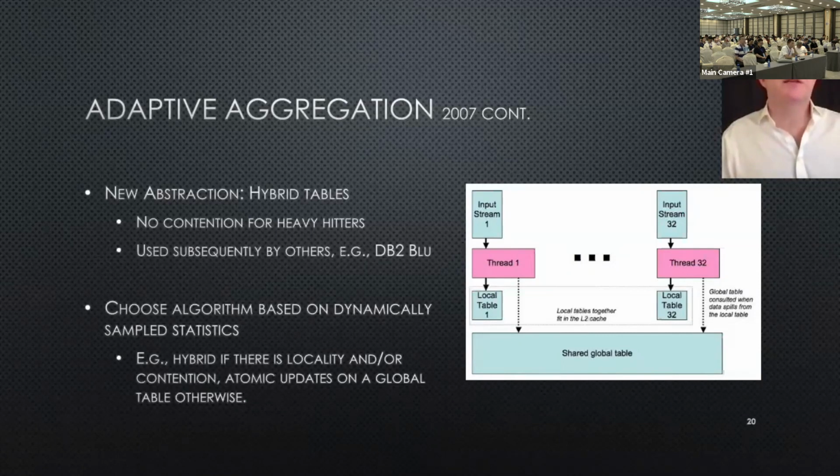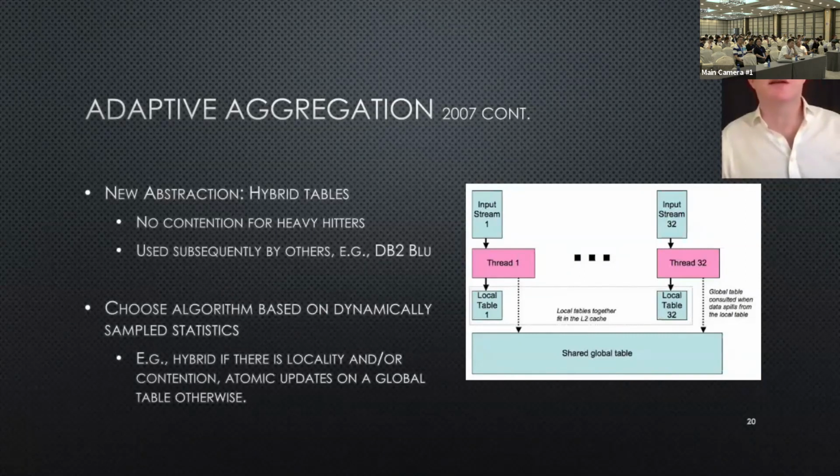What that means is that if there are any very common values, all the threads will be updating a local table with those values. Those local values will stay in the local table because they're accessed frequently. And we don't need to do locking on the local tables because each thread has exclusive access to their local tables.